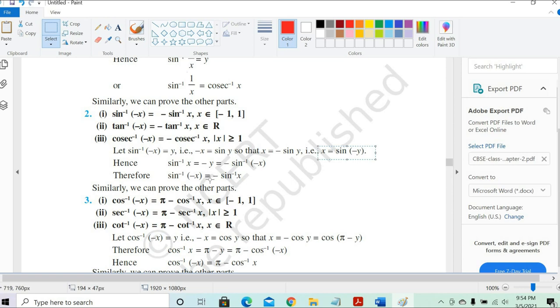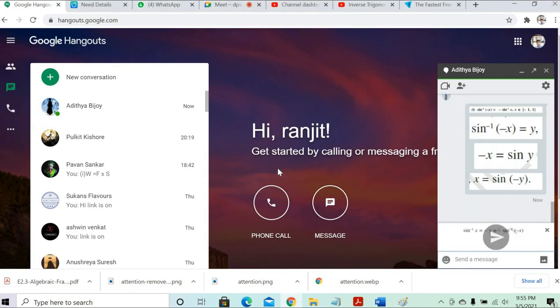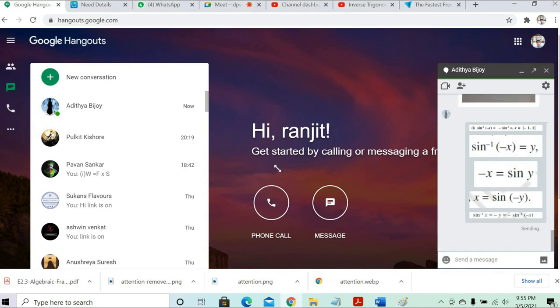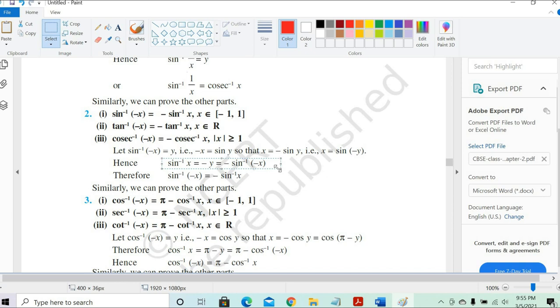Now you just have to find what is minus y. So sine y, you take it to the other side, so it becomes sine inverse x, which will be minus y. And y was nothing but sine inverse of minus x.